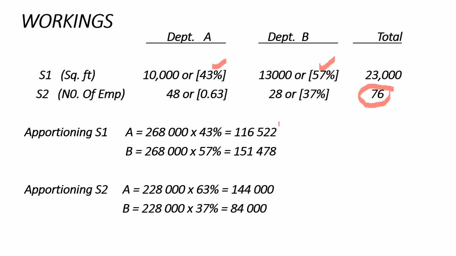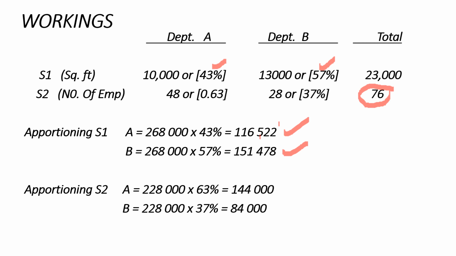Okay, apportioning S1. S1 has 268,000, so we take 43% of it and we will get 116,522, and we will get 57%, or 151,478.